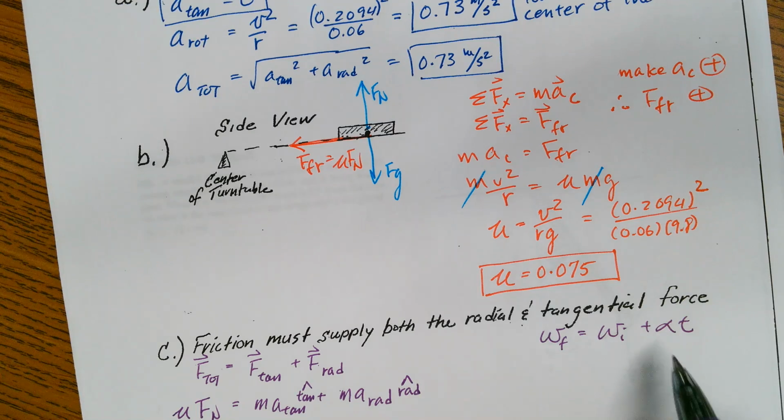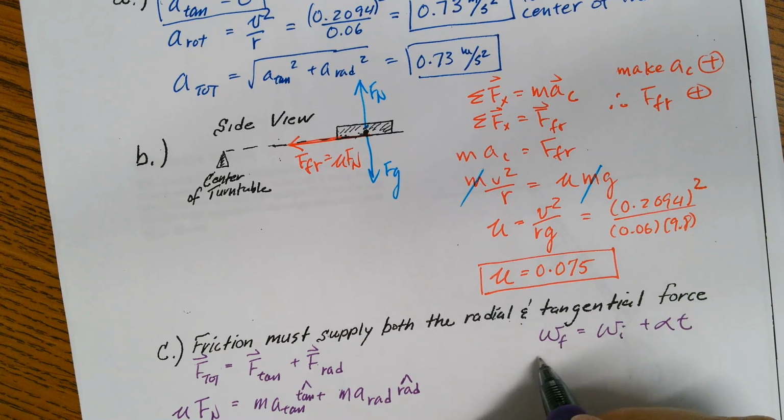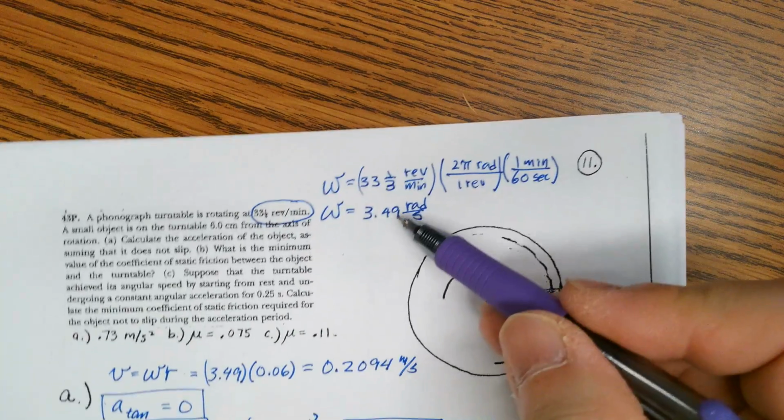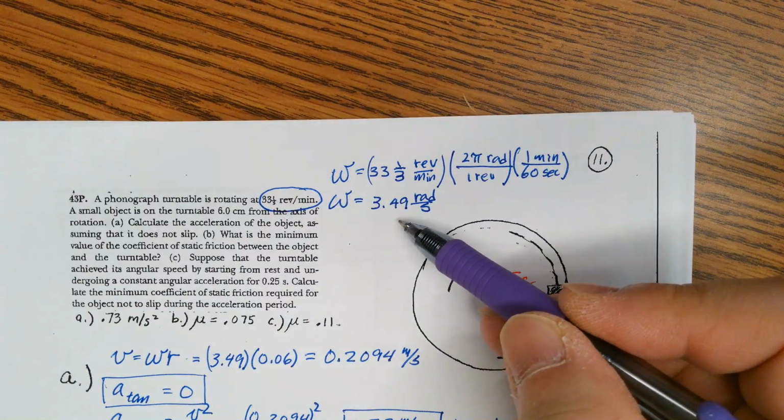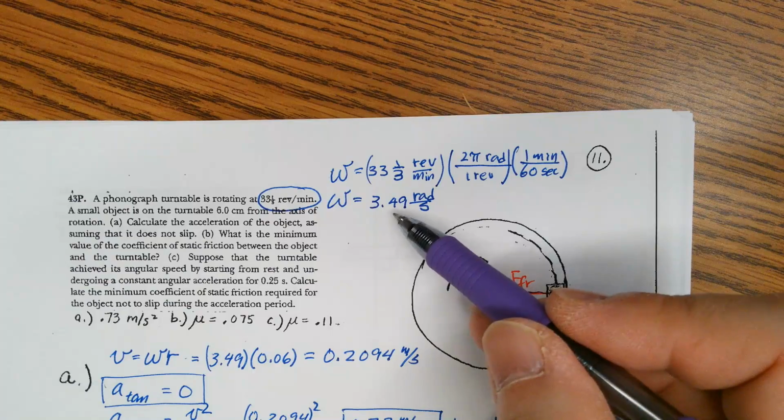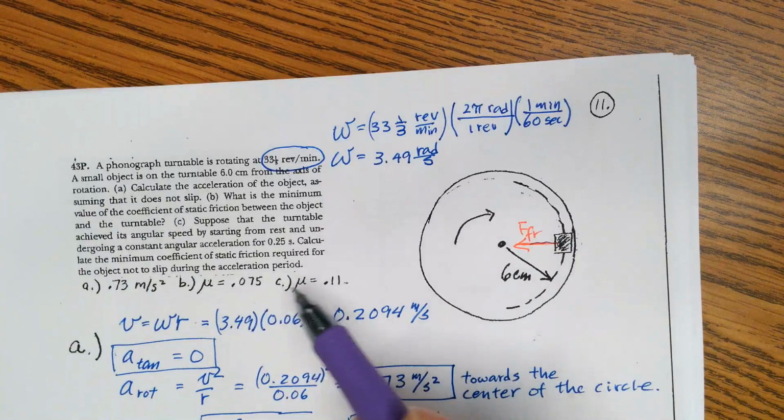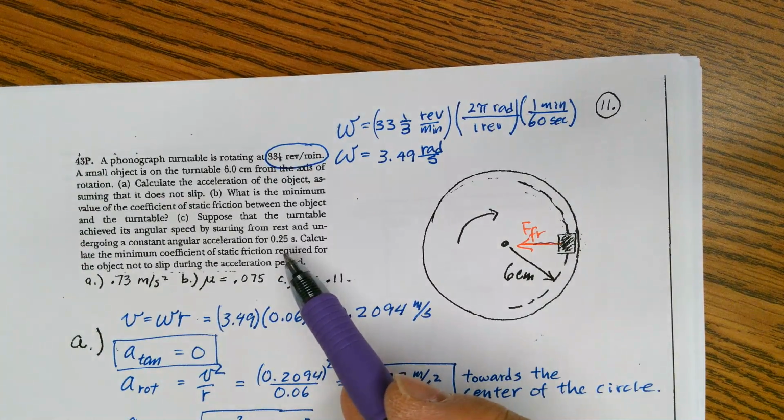Let's calculate how much angular acceleration it goes through. We know it's traveling at 3.49 radians per second, so it has to achieve this from rest in 0.25 seconds.